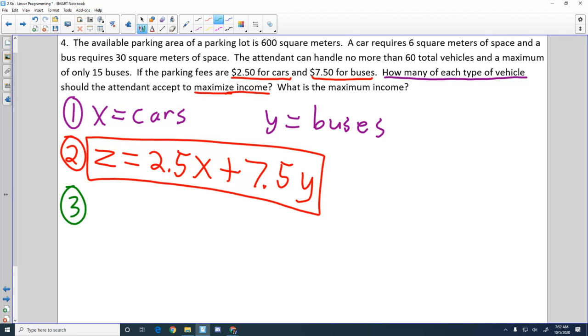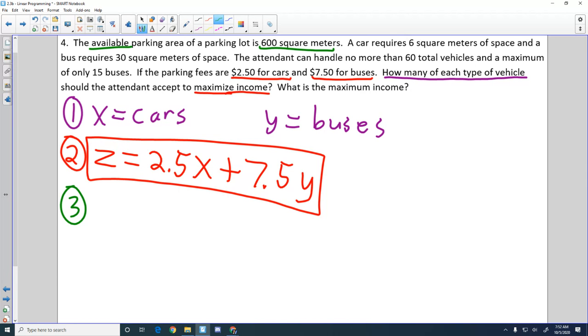Now writing constraints. So I've got 600 square meters available in my parking lot. That's how much space I have to park vehicles. Some of these vehicles are cars, some are buses. So let's find the space for each of those vehicles separately.